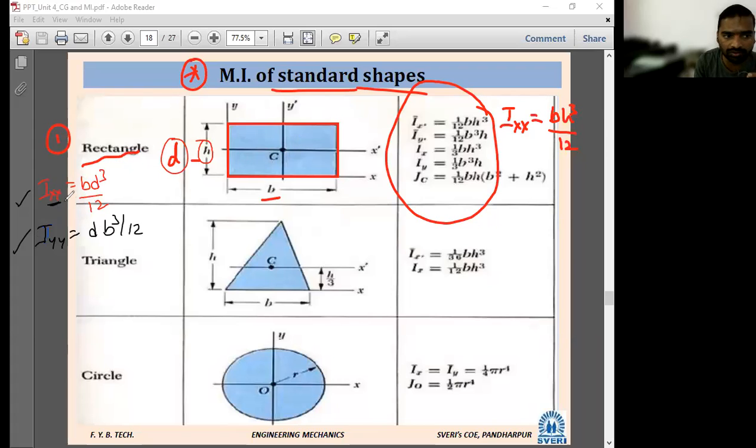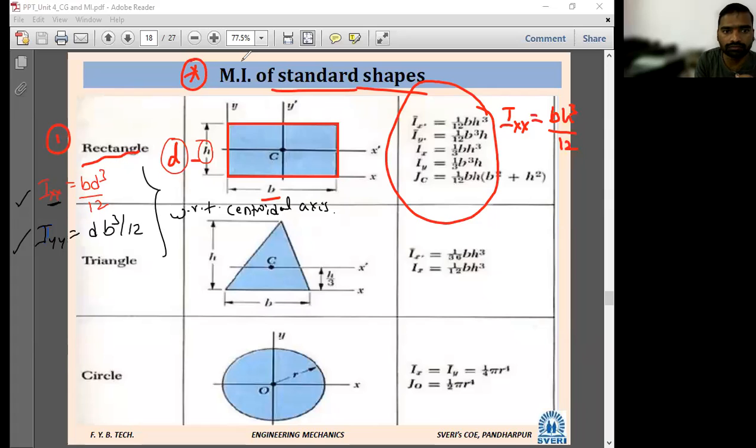So simply it will become confusion. That's why I have written xx and yy. Whatever moment of inertia you are calculating, it is with respect to the centroidal axis. Okay, is it clear? Okay, second one.